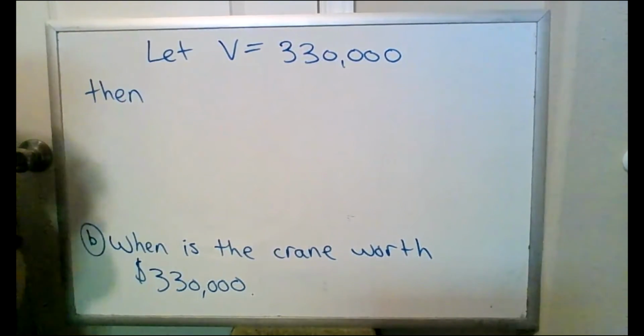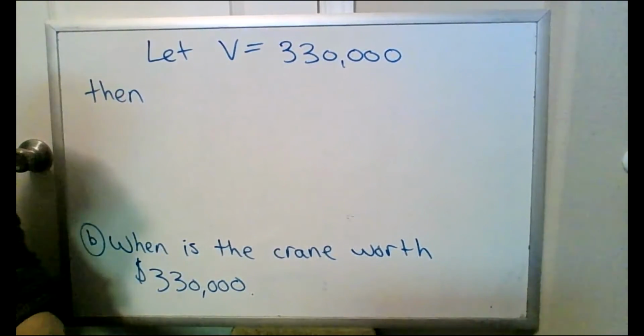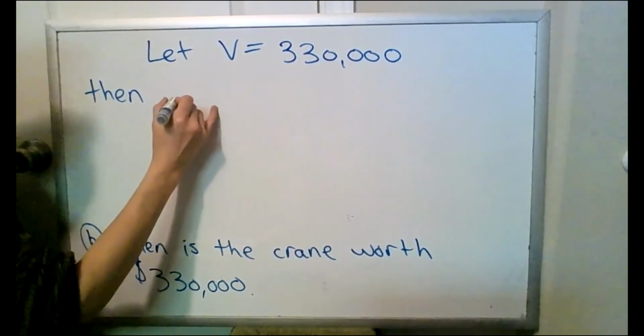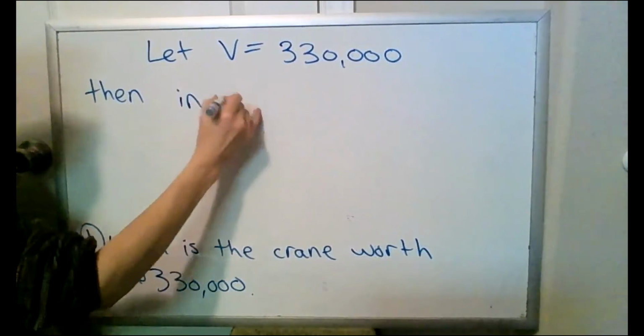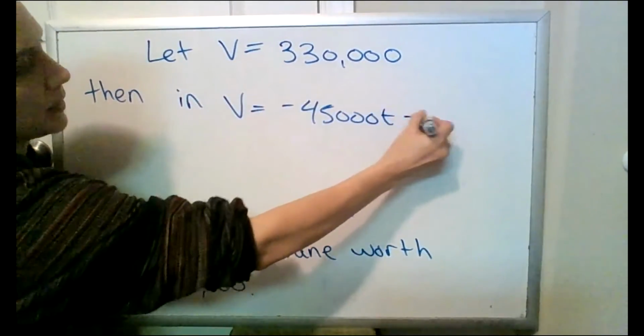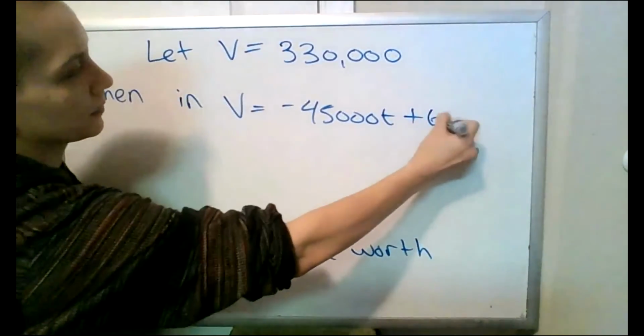Then we use the equation, and I have it in my notes. It's V equals negative 45,000 t and then add 600,000.